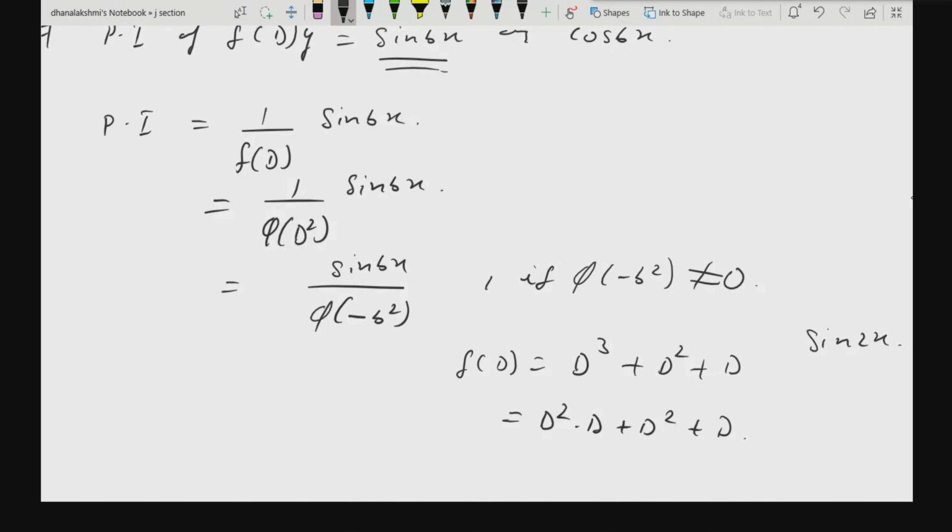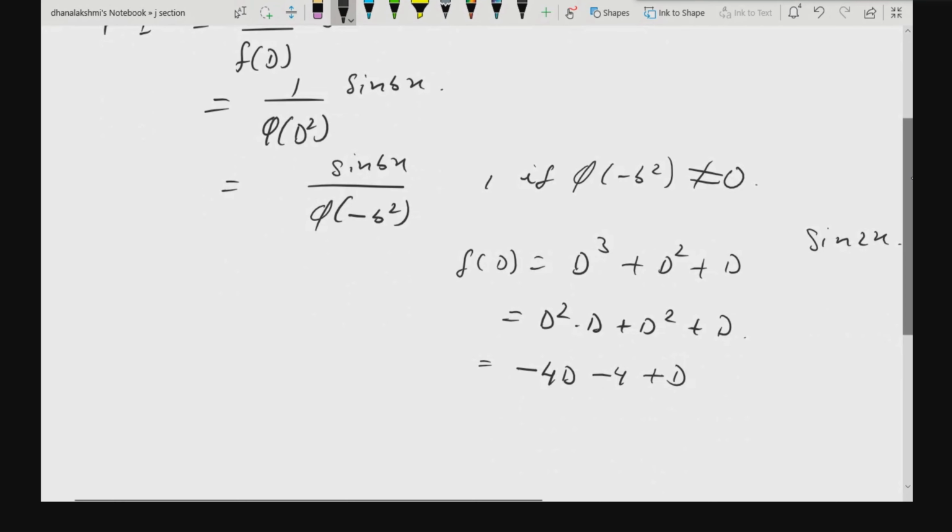Then instead of D square you have to replace it with minus b square, which is minus 4 here. So minus 4D plus, again minus 4 you will get here, minus 4 plus D as it is. So now your f of D will be equal to minus 3D minus 4. Is it or not?